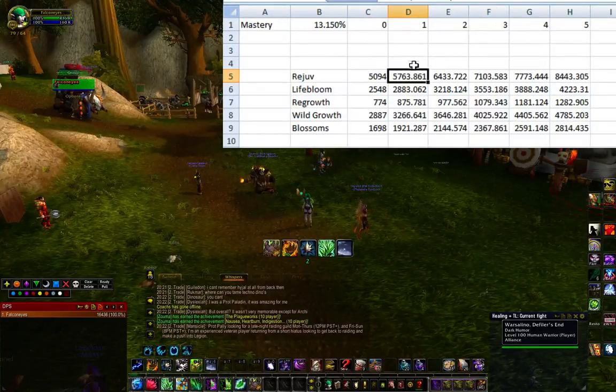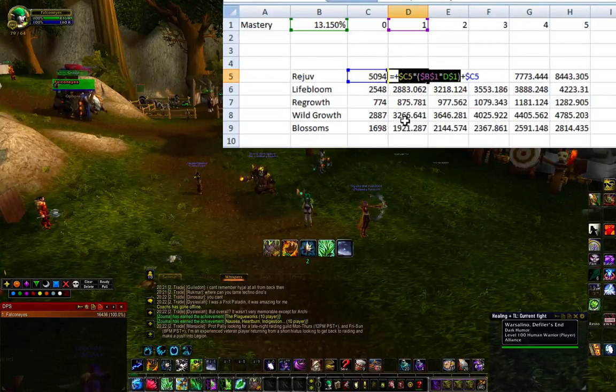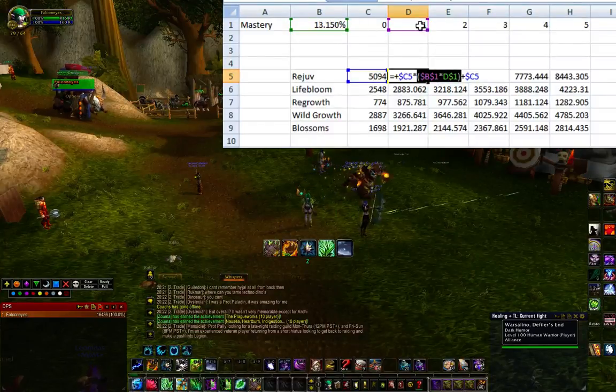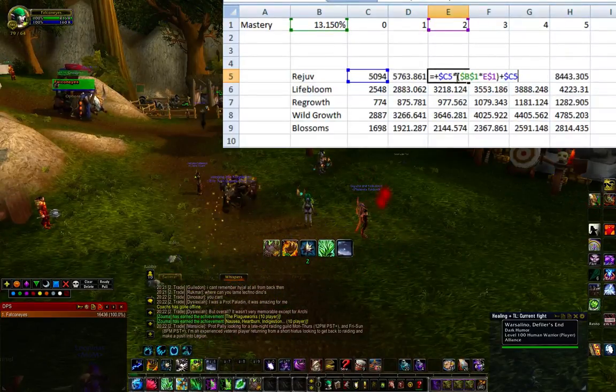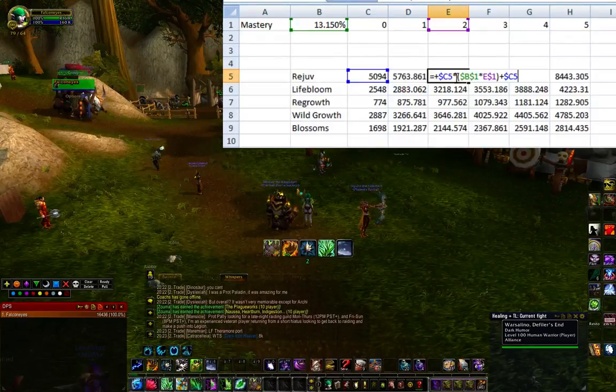So this whole portion of it is basically taking the bonus amount and adding it to the original value. So C5 is the amount here, times a percentage. In this case, it's 13.15 times 2, so 26.3, times the original amount plus the original amount.